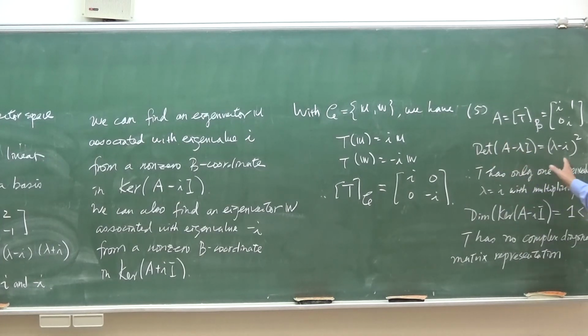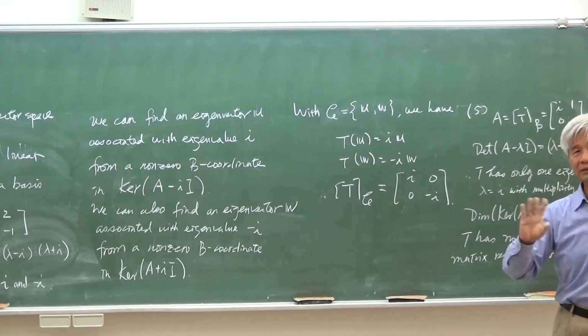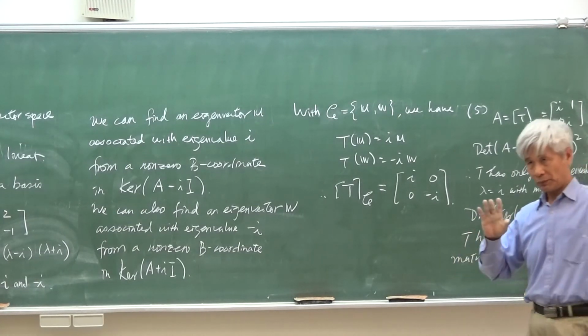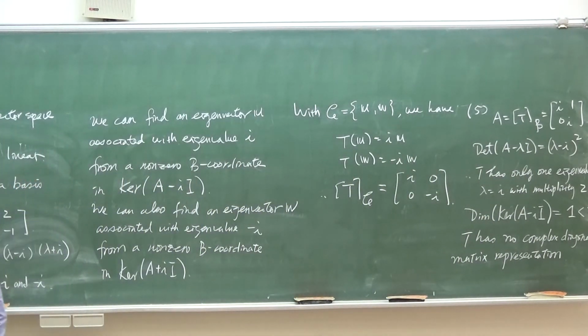So in all these examples, we took 5 examples to illustrate different kinds of difficulties when we want to solve the eigenequations. The purpose at the beginning of the chapter was that we would like to find the simplest matrix representation for a linear operator. But this is not always possible. It depends on the domain, real or complex.